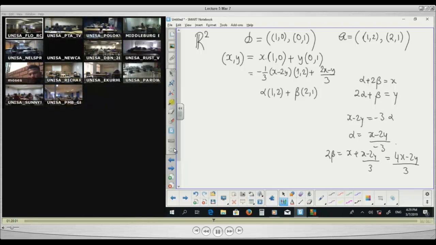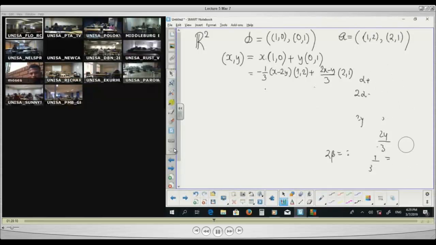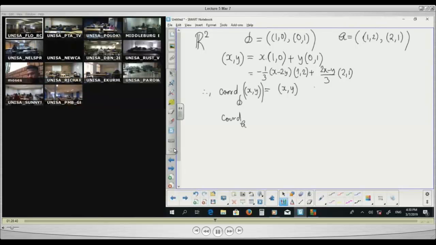So the coordinates with respect to B of the point (x, y) is actually this pair (x, y). Okay? Whereas the coordinates with respect to A of (x, y) is actually ((2y minus x)/3, (2x minus y)/3).